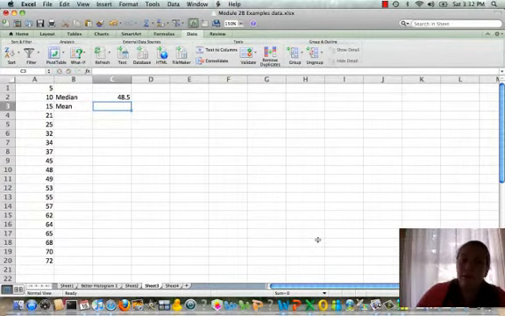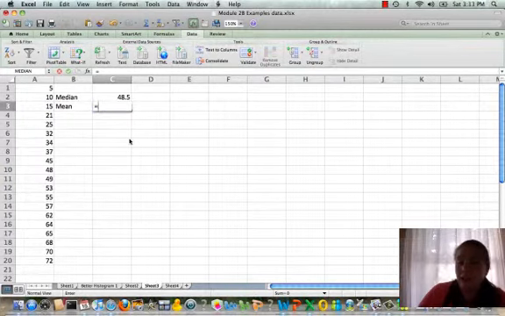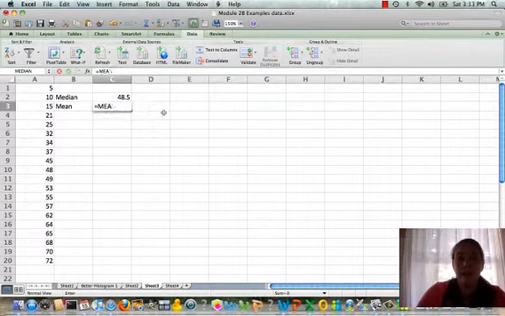Over here in column C, row 3, it doesn't matter where you do it, I just chose a spot. I'm going to type another formula, and I'm going to say equal sign, and you'll notice the formula starts to pop up here in the formula bar. Then I'm going to type mean. You may have to type average. We'll see if Excel will process mean for us. I'm going to type again A1 through A20.